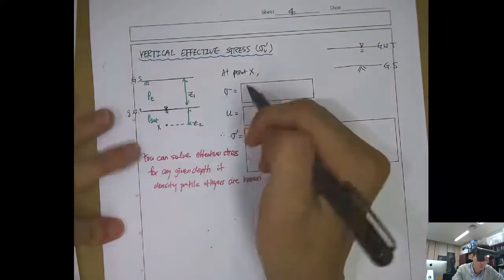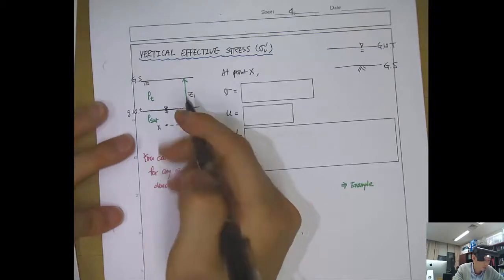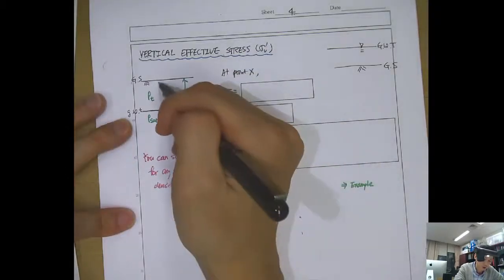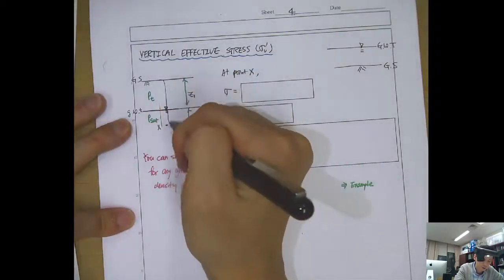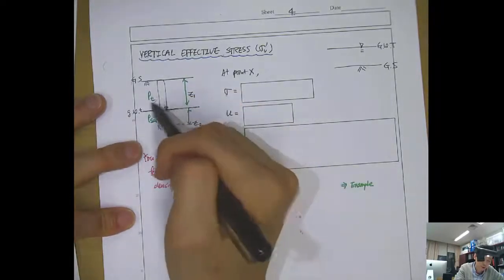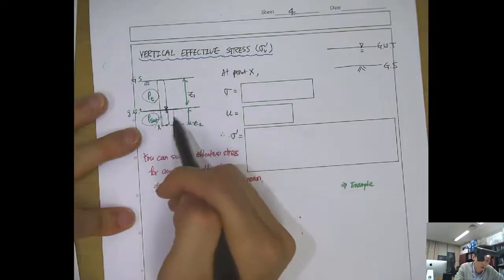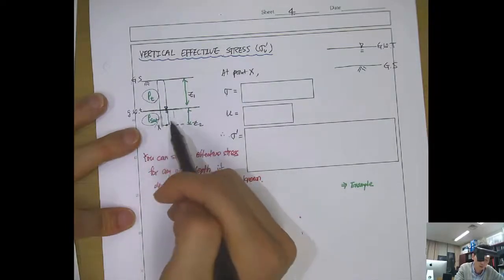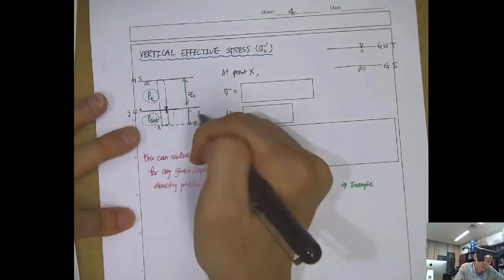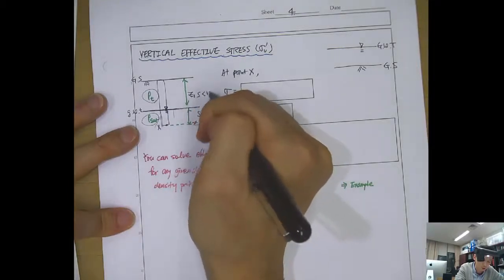So then at a depth here, at point X, the total vertical stress can be obtained using the total density and saturated density, because beneath the groundwater table it's all saturated. So here the saturation is 100%, but here the saturation is less than 100%.